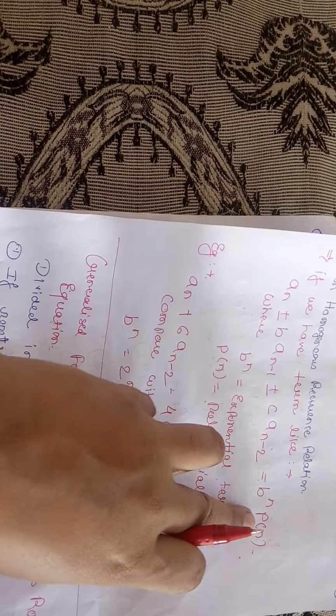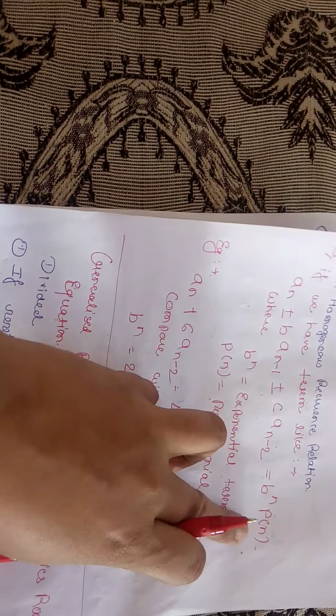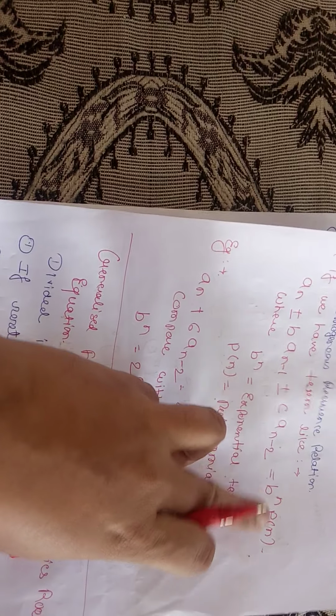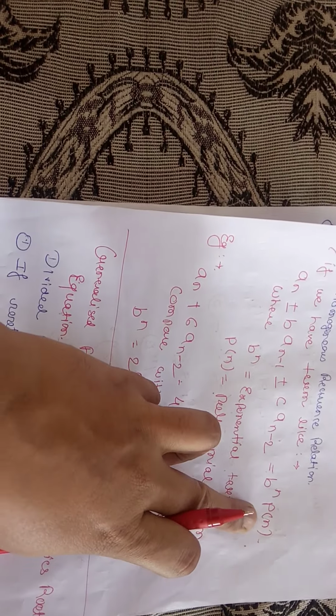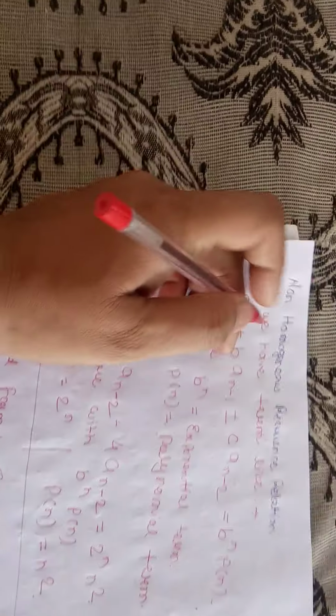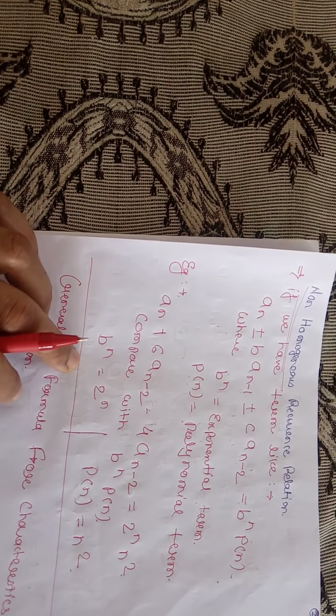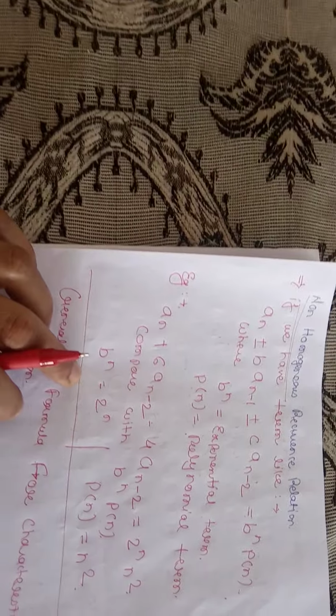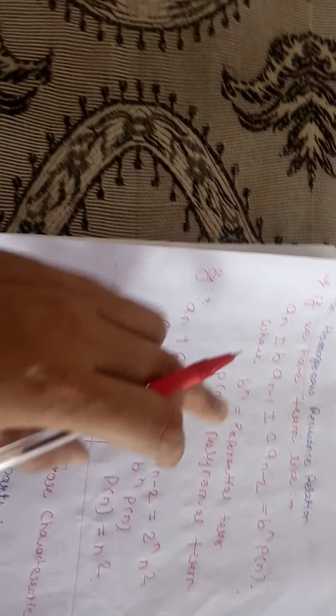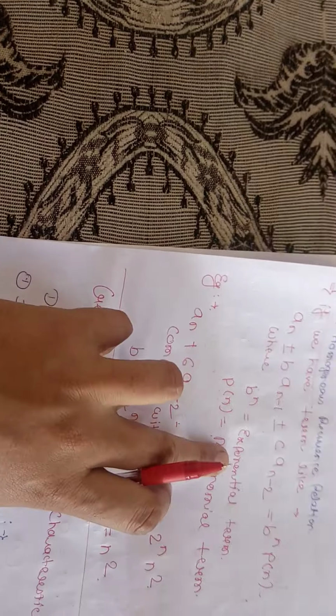That means if we have any exponential term or any polynomial term on the right hand side, then that equation is called a non-homogeneous recurrence relation equation. Now what do I mean by this term? b to the power n is an exponential term, as we have the power n. That's why that term is called an exponential term. And p of n is a polynomial term.